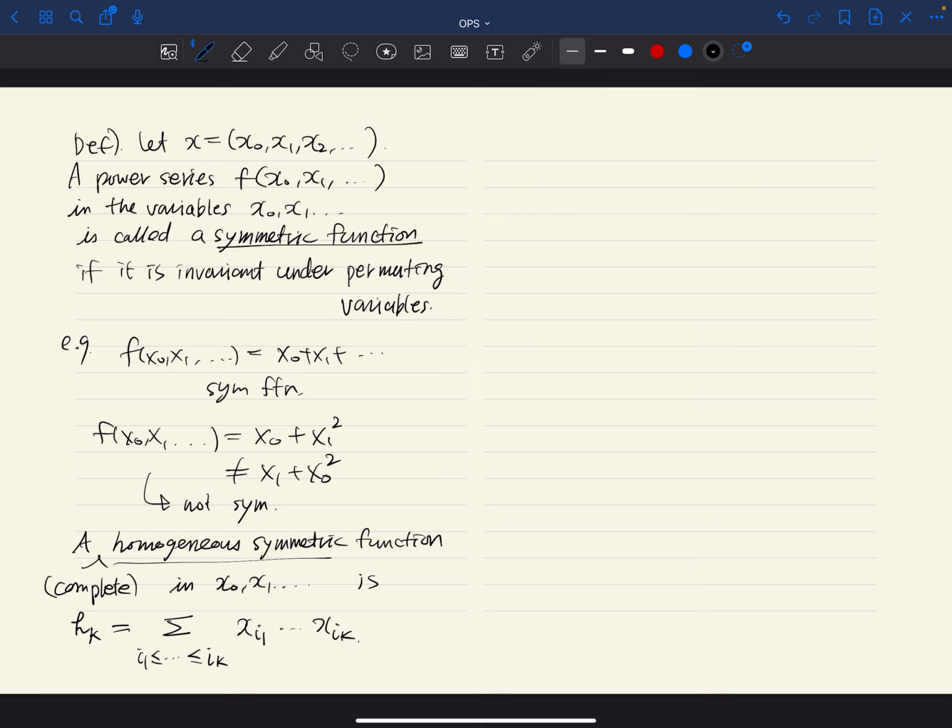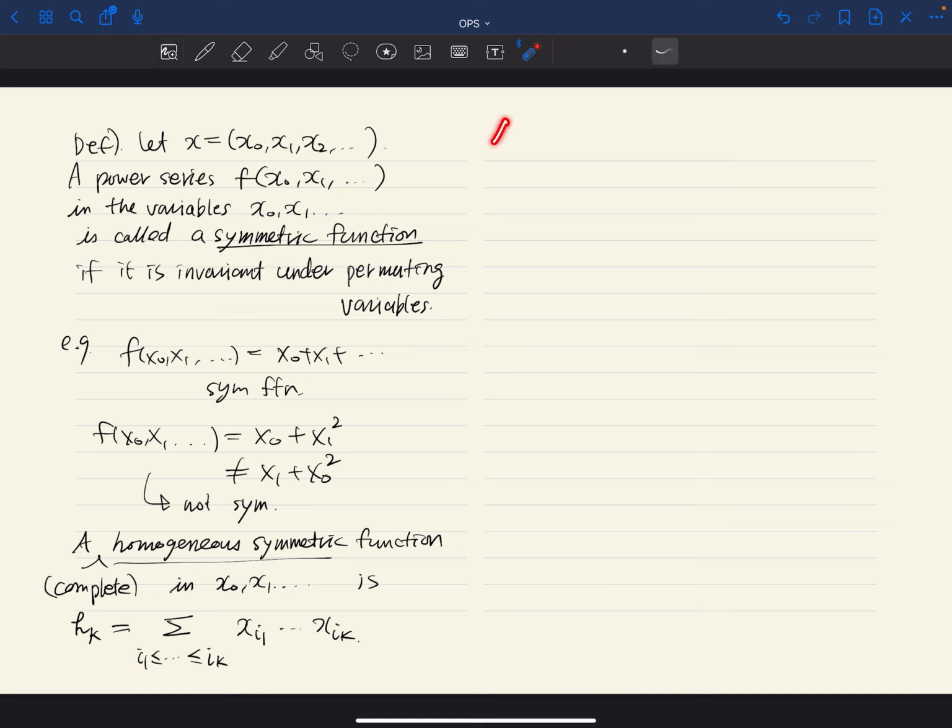So in other words, you select k variables with repetitions allowed. Because they are all in increasing order, you don't consider the order in which you choose the elements. So you just select k variables with possible repetitions, and then you add them all. That will be a homogeneous symmetric function.